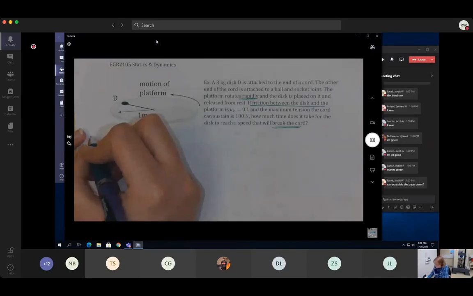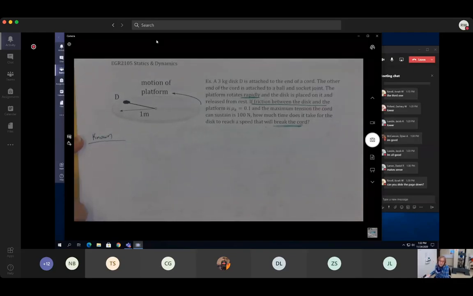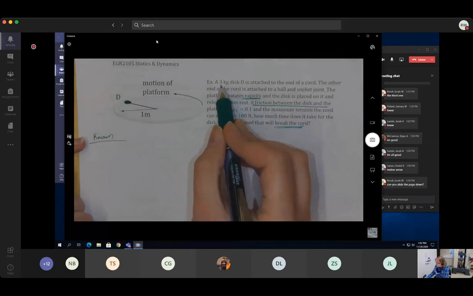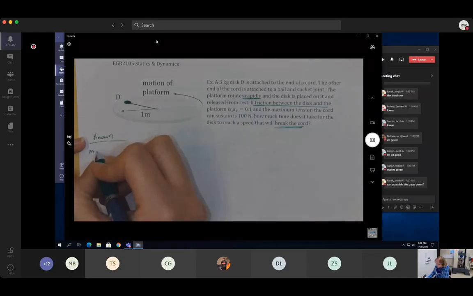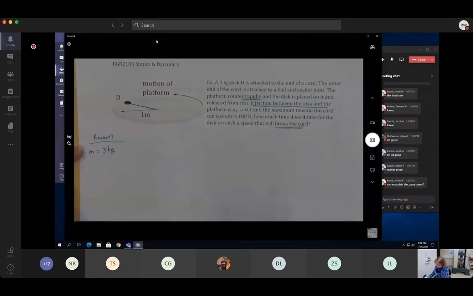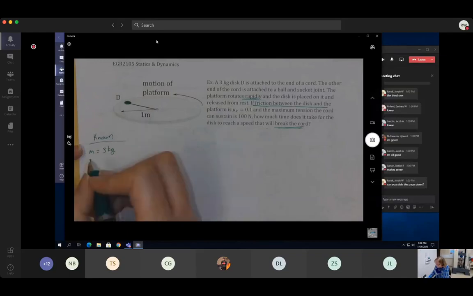So let's start with what we know. We know we've got a disc with a mass of 3 kilograms. We know we've got a length of cord, or a radius, that's 1 meter.